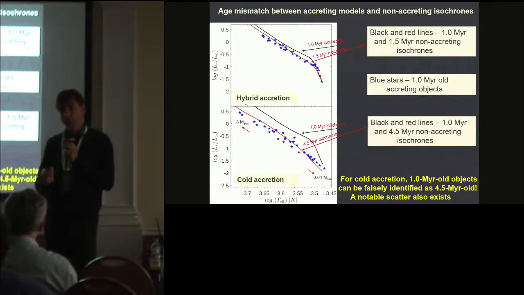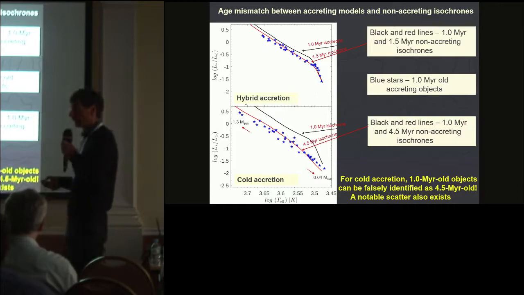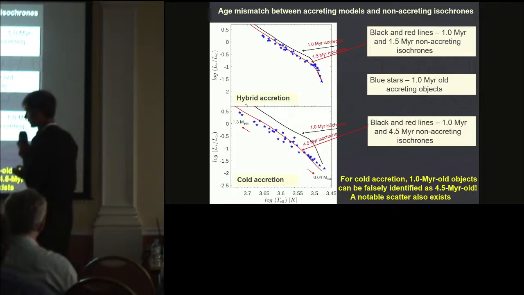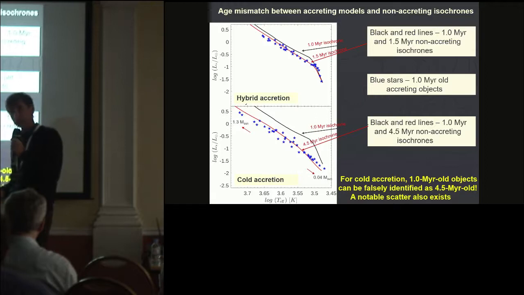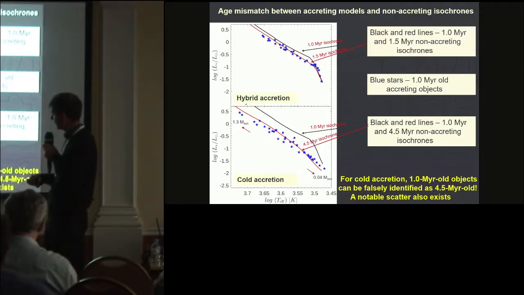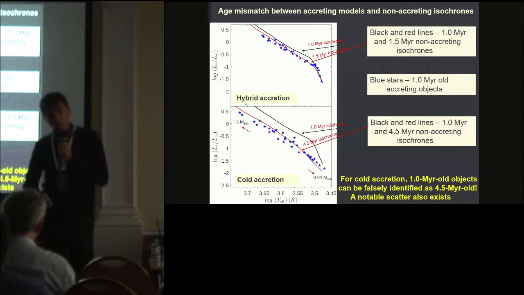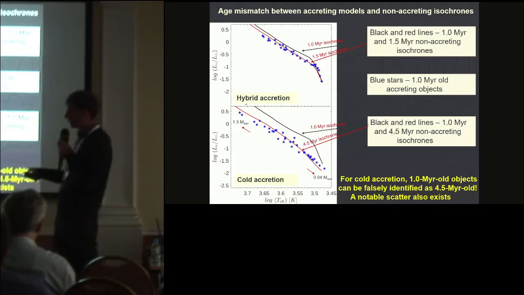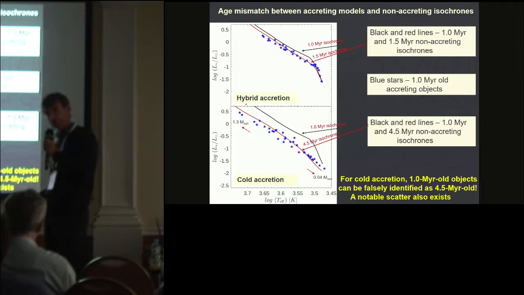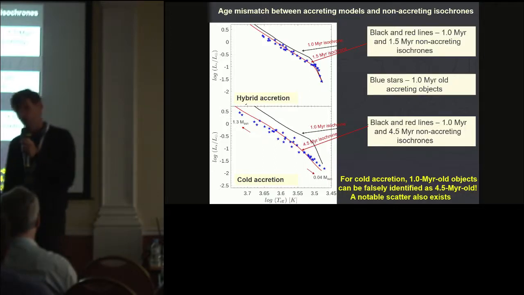So 50% wrong. Not so bad, but this is hybrid accretion. What if accretion is cold? Then these are again 1 million year old objects. You use again fitting with the non-accreting isochrones, and you come to the conclusion that they are 4.5 million years old. You are wrong by a factor of 4.5.